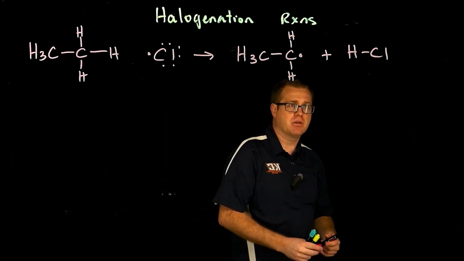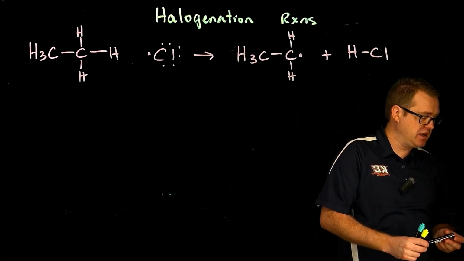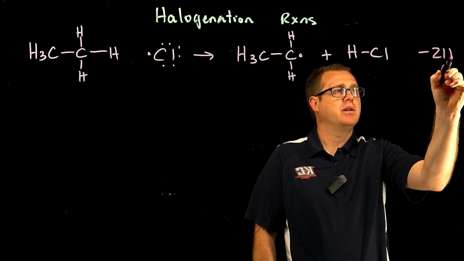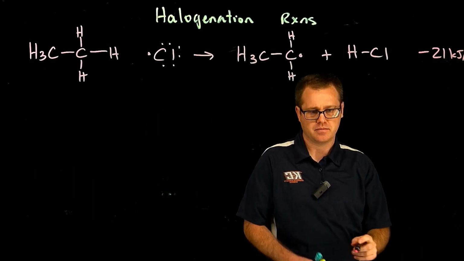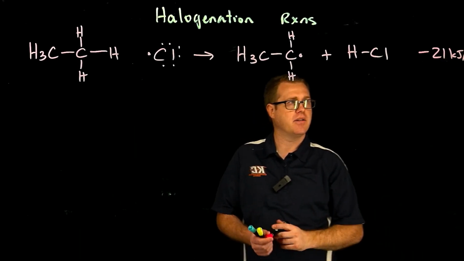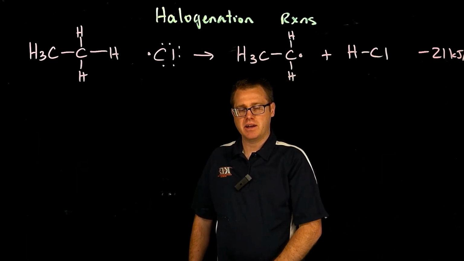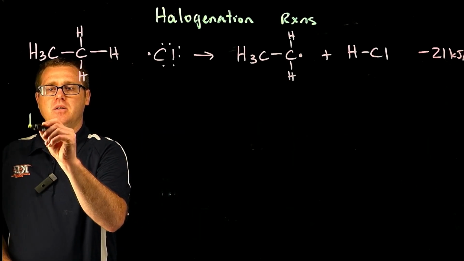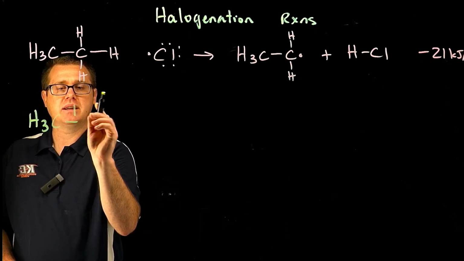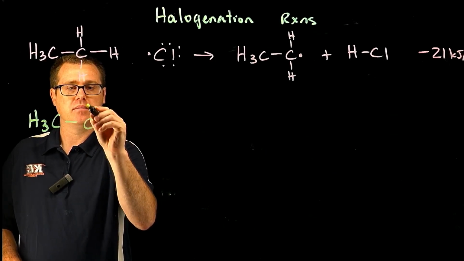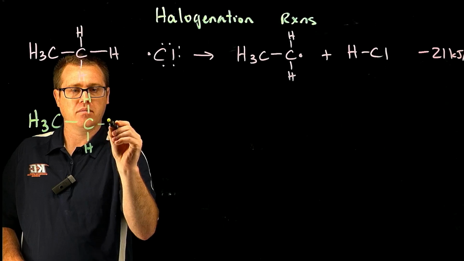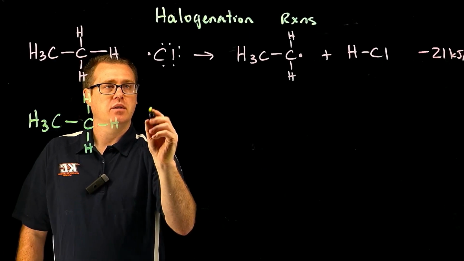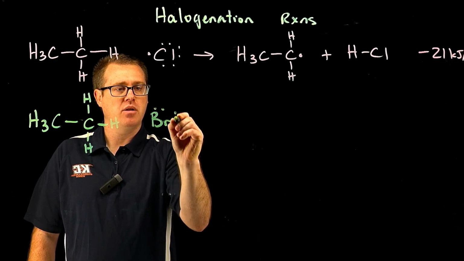We have to break this bond, and we have to form that bond. And when we do that process with chlorine, how much energy did that cost? Well, with chlorine, it's a negative 21 kilojoules per mole. You can't see the kilojoules per mole there; I cut off the screen. But negative 21 kilojoules to do that process. But in comparison, when you do this reaction with, say, bromine, we're going to have the bromine radical already made.